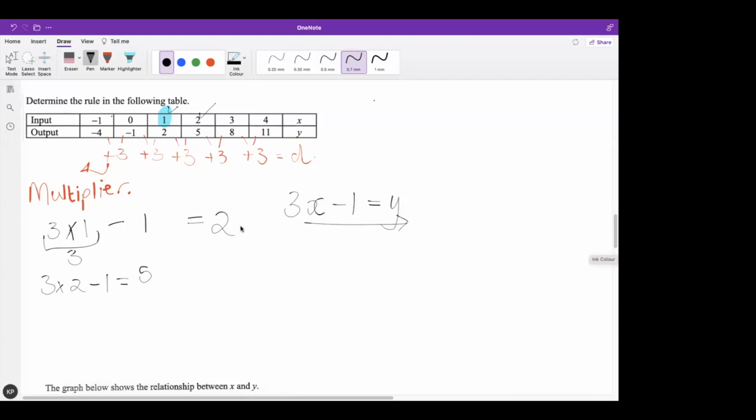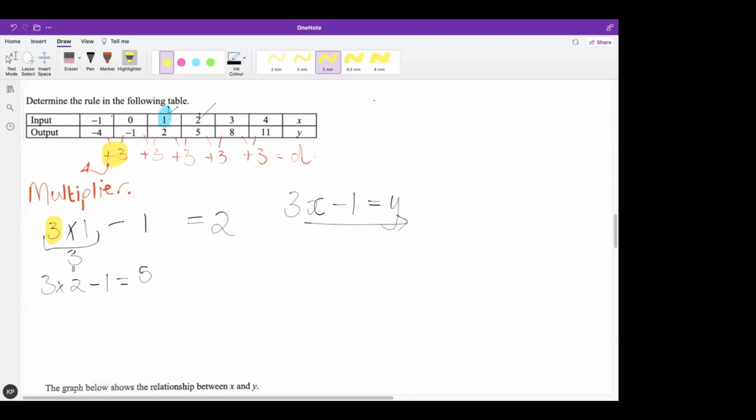So step 1 is you find the constant difference, okay? In our case, it was a positive 3. So now you're going to take that constant difference and multiply it by your input. So 3 multiplied by any input. I chose the input of 1.